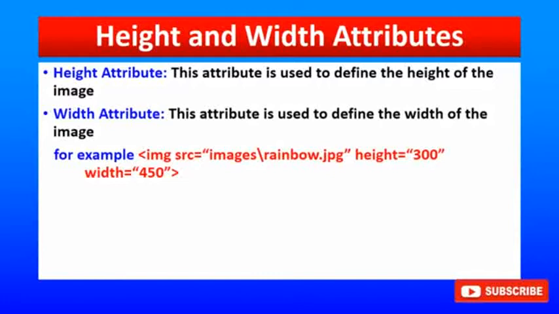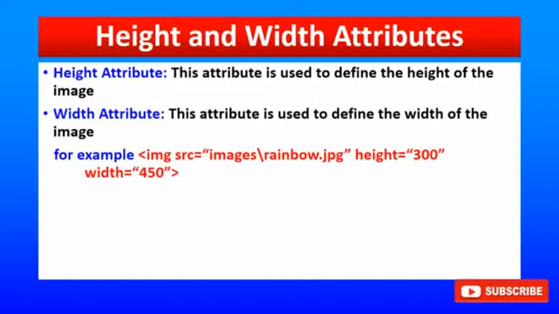img src is equal to the name and source of the image, and then you simply type height is equal to so and so and width is equal to so and so. Now there are two options. Suppose I type height is equal to 300 and I don't type width is equal to 450, then on its own the width will be adjusted according to the previous ratio of the image.